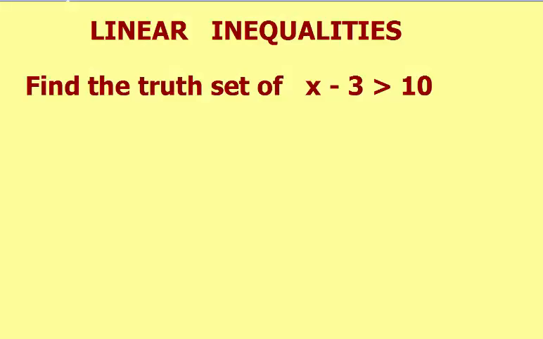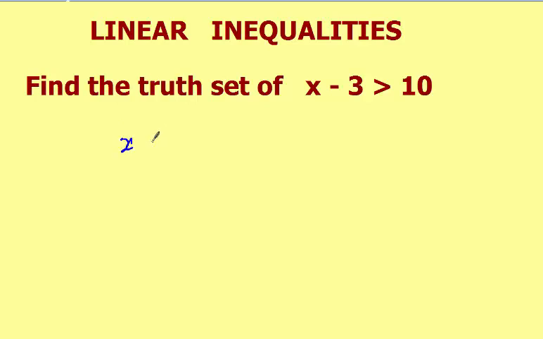Right. So the first question: find the truth set of x minus 3 greater than 10. So come along. The first thing is, let's do simple grouping of like terms.